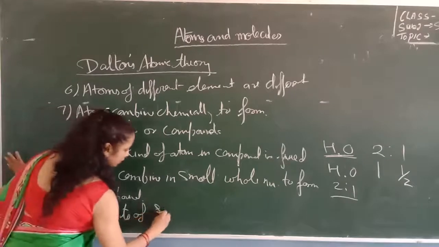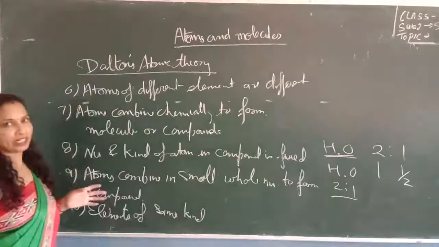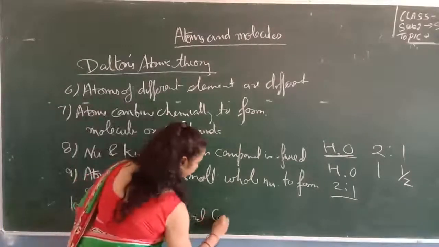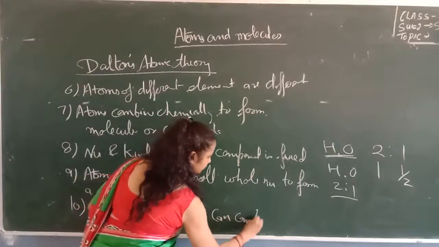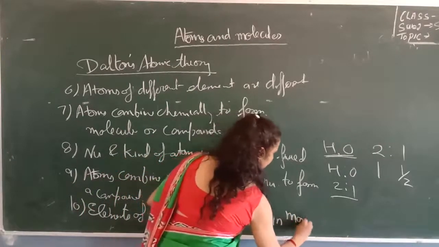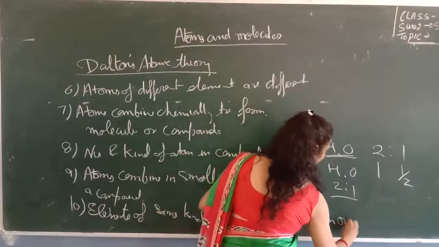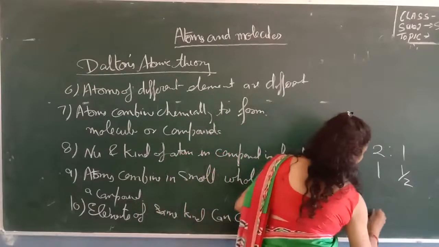Elements of the same kind can combine in more than one ratio to form a compound.